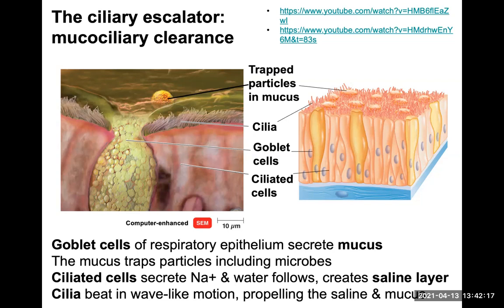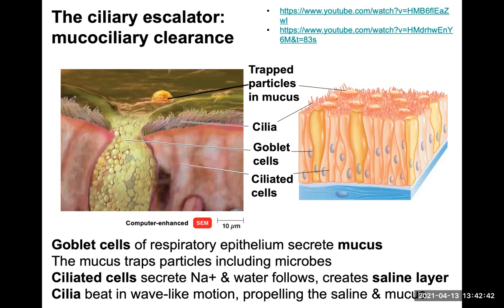And those actually secrete sodium. They have these special chloride channels. They secrete sodium, and then water always follows the sodium ions, and this creates like a saline layer. And so the cilia are bathed in this saline layer, and then immediately on top of that will be the mucus.